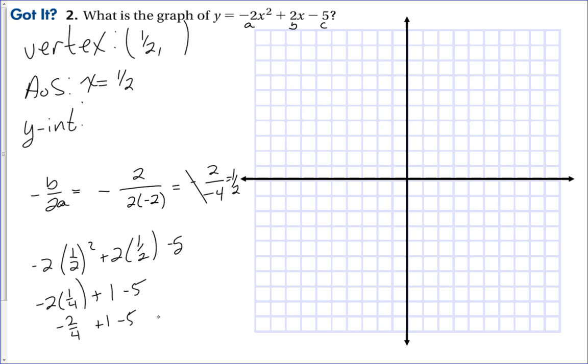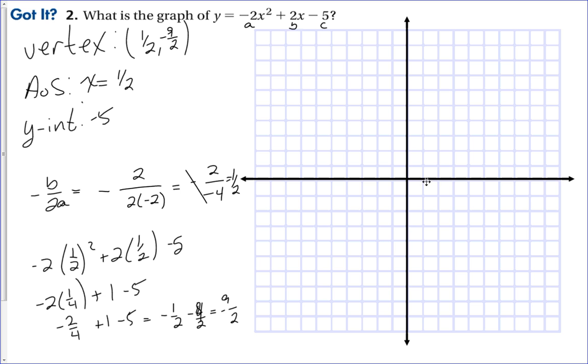Well, so we have negative 1/2 minus 4, which equals, we need to get a common denominator, so this is going to become 8 over 2. So this is negative 9/2, which is negative 4.5.